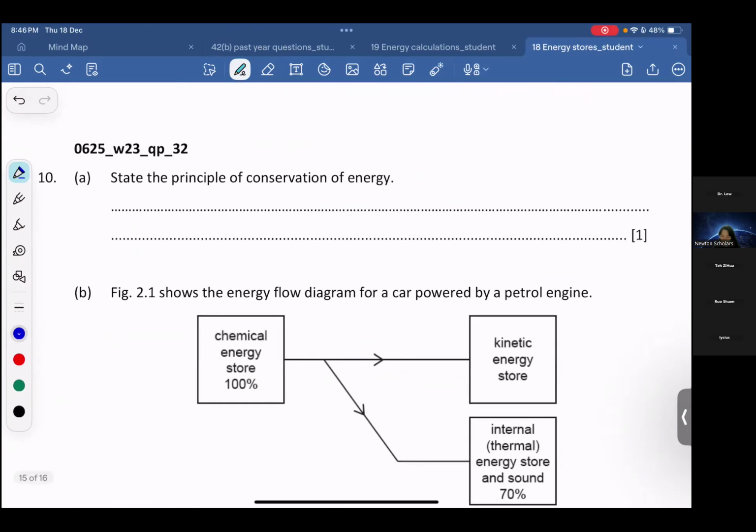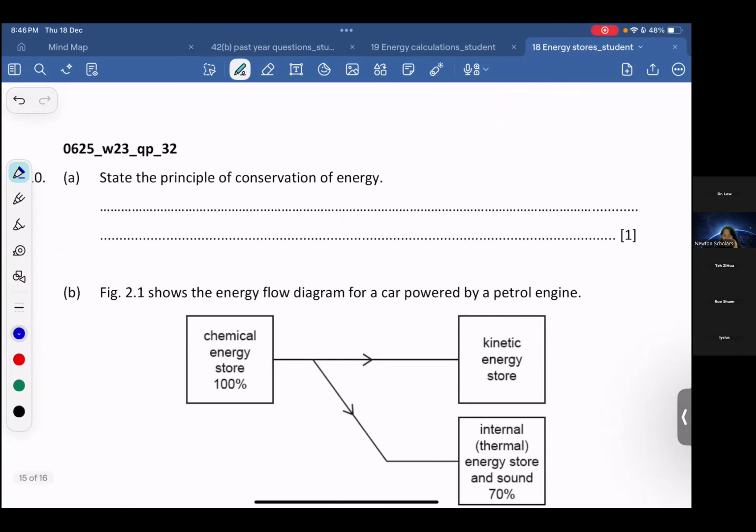State the principle of conservation of energy. This is 2023, two years ago, a past year question. So here we say that energy cannot be created or destroyed. Energy can only transform from one store to another store.